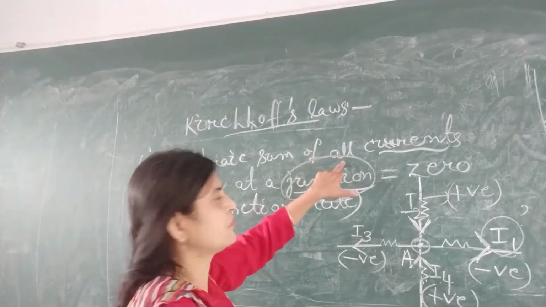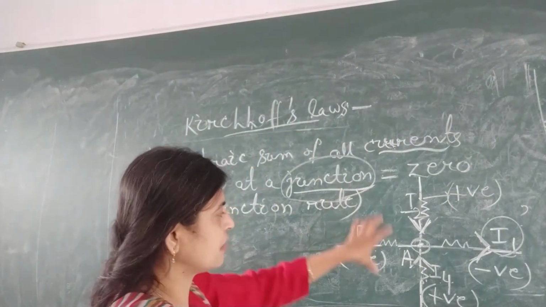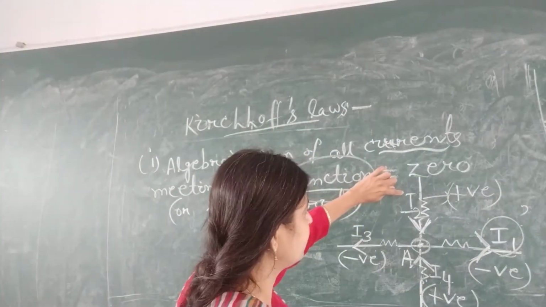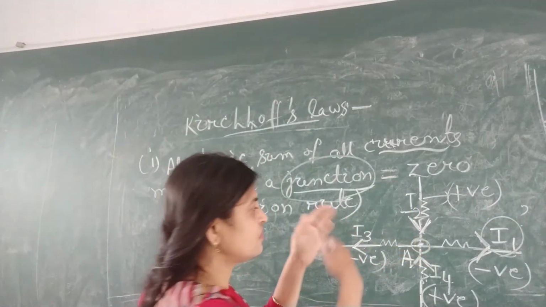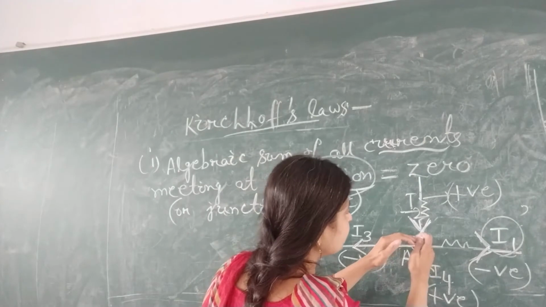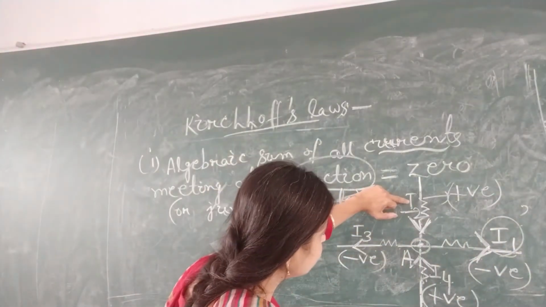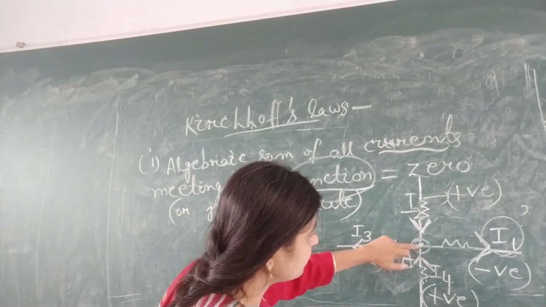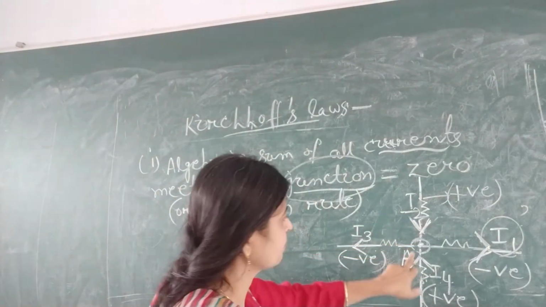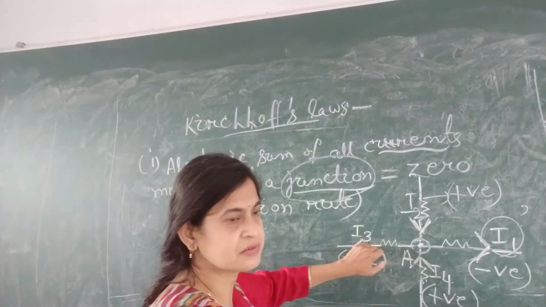So, in other words, according to the first law, the amount of current entering the junction is equal to the amount of current leaving the junction. That means I2 and I4 both are entering the junction, and I1 and I3 are leaving the junction.